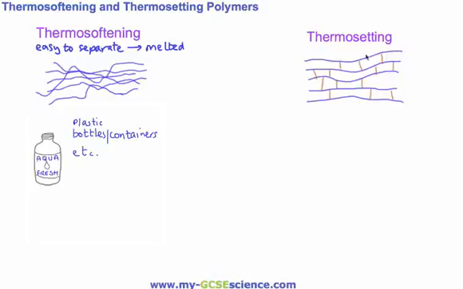On the other side of things, we've got these thermosetting polymers. Now, if you notice, these polymers have long chains. They're in a slightly more regular shape, and you'll notice these little cross linkages between the polymers, and these cross linkages are actually covalent bonds.